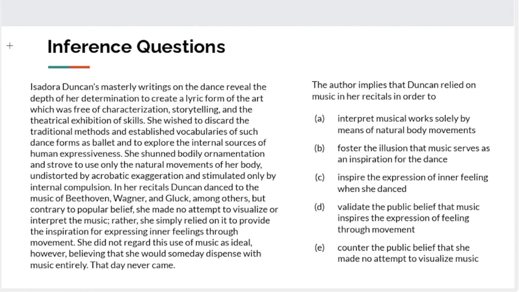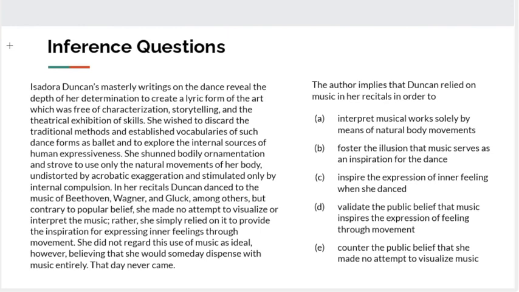Isadora Duncan's masterly writings on the dance reveal the depth of her determination to create a lyric form of the art that was free of characterization, storytelling, and the theatrical exhibition of skills.